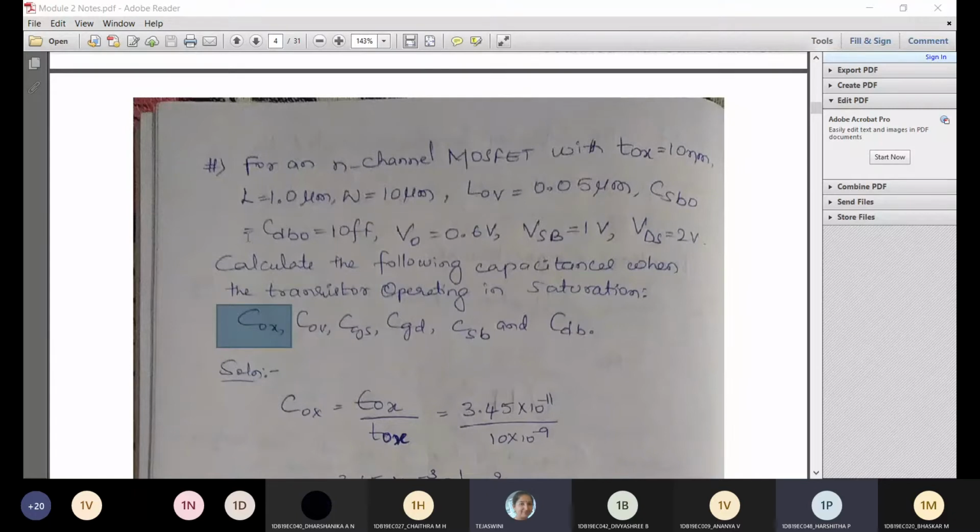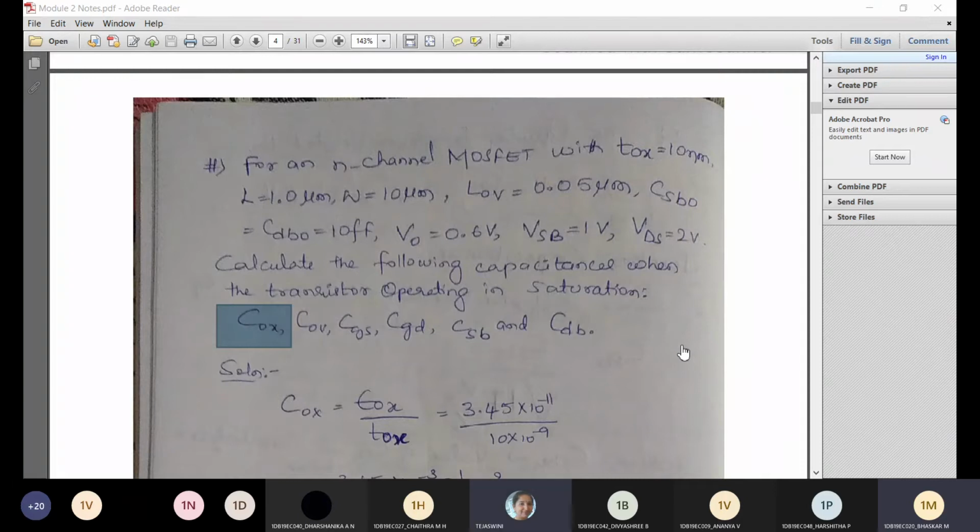3.45 into 10 power minus 3 farad. Or 3.45 into 10 power minus 15? Ma'am, minus 3. Any other answers? Bhaskar: 10 to the power minus 3, actually, farad per meter square.